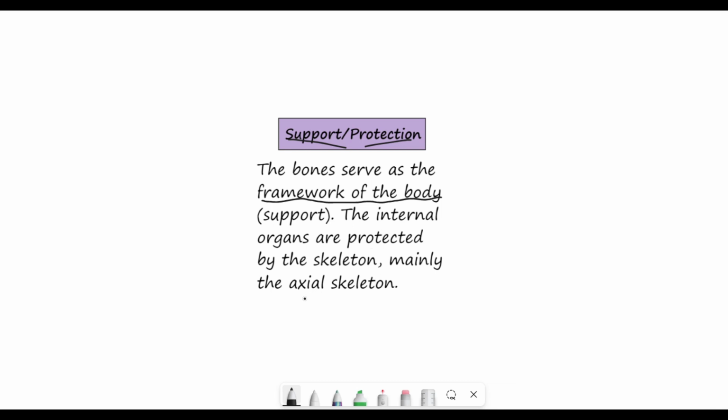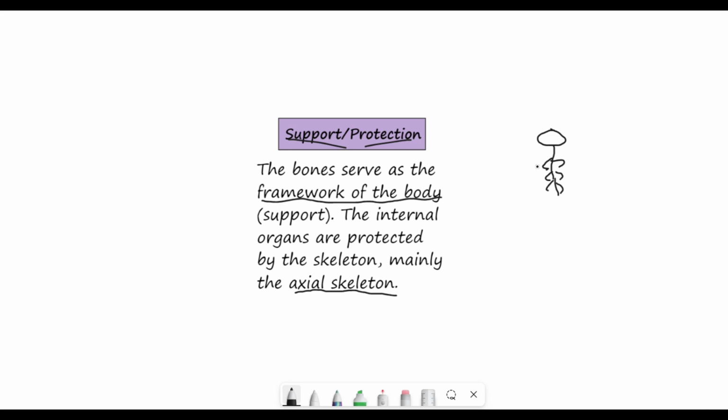And then it also provides a lot of protection, and a lot of that protection is mainly going to come from your axial skeleton. So to put it briefly, your axial skeleton is going to be your head and your rib cage stuff. We'll go into this more in a later video, but that's pretty much what your axial skeleton is.